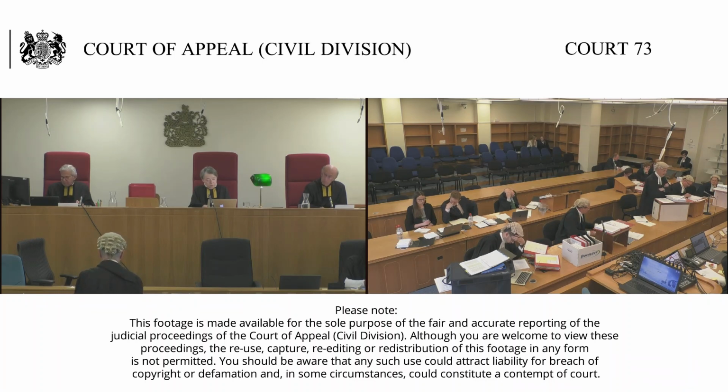We say that it was premature to do that at this stage, and it caused substantial prejudice because there was no evidence or submissions in relation to the matters that the judge took into account.